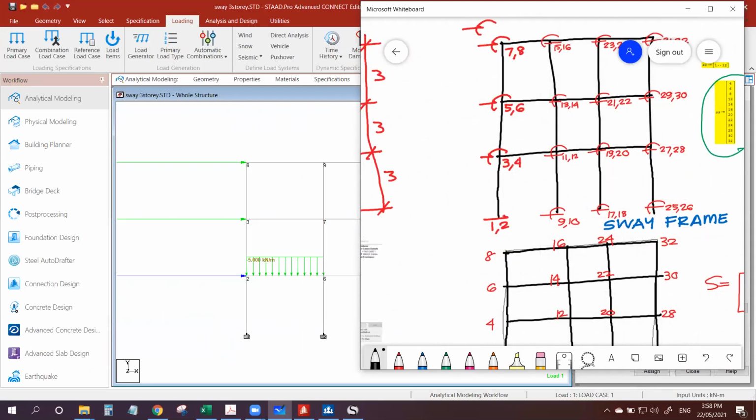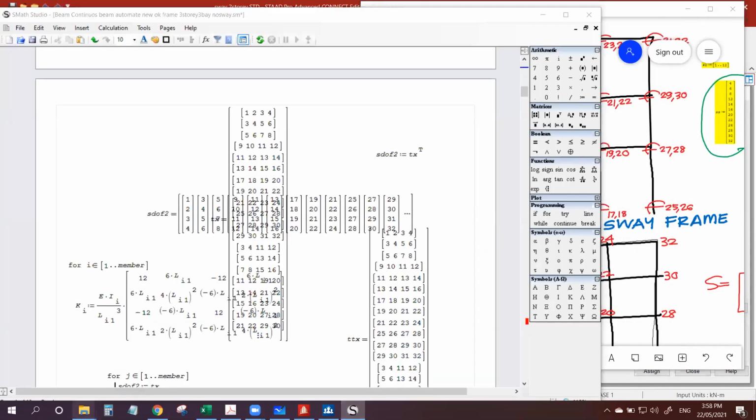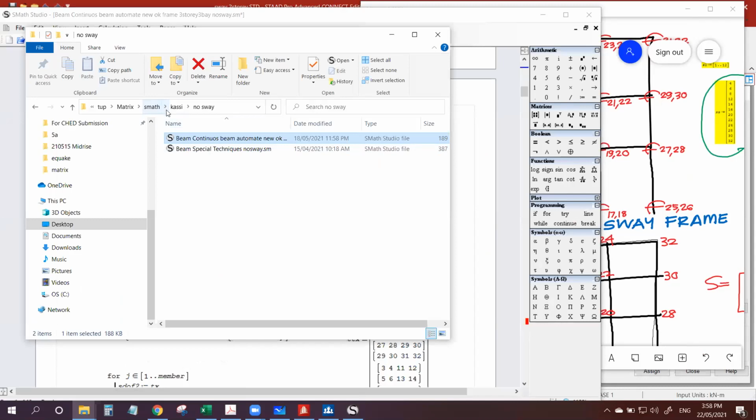Okay, so let's now proceed. This is the corresponding code for that. Click on the sway.